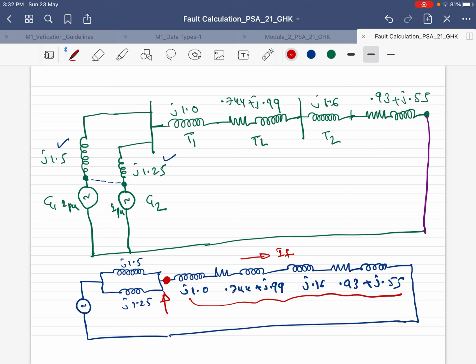If you add all these impedances, what I am getting here is 1.674 plus J 4.14, or in polar form, 4.43 at an angle of 76.8. This is the impedance from the fault point to the L1 kV bus, the total impedance.